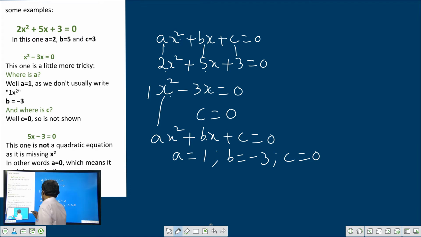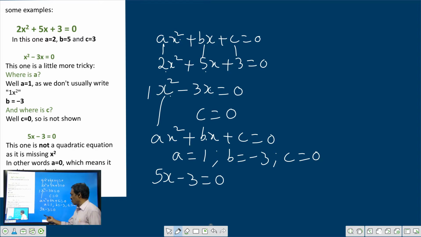Coming to another equation, see here what we have: 5x minus 3 equal to 0. Just by looking at the question, if there is no x squared term, we can reject that this is a quadratic equation, because the x squared term is missing.